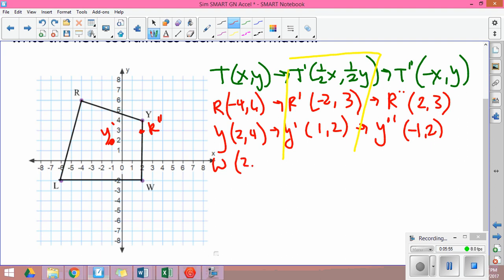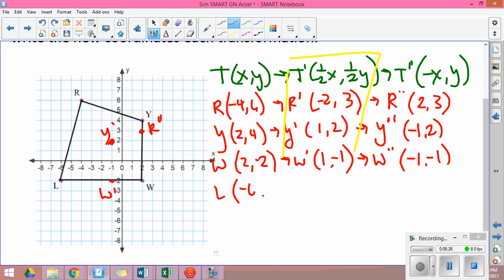It just kind of depends on what you want to see when you're doing your transformation. So W is at (2, -2). So W prime is going to be at (1, -1), and double prime will be at (-1, -1). So I'm getting smaller and reflecting at the same time. And my last point of L is at (-6, -2).